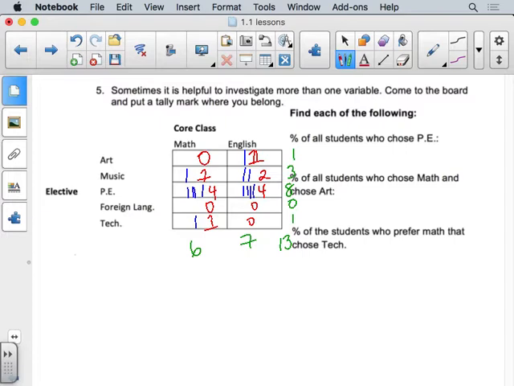Okay, so then it makes it easy to look at because, for example, while it's not a massive difference, technically the percent of people who like math who also liked PE was not the same percentage as people who liked English, like 4 out of 6 versus 4 out of 7.